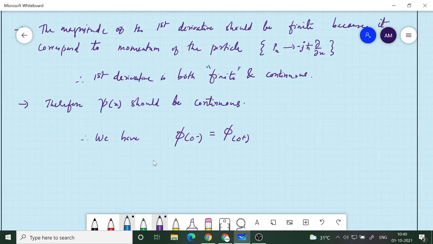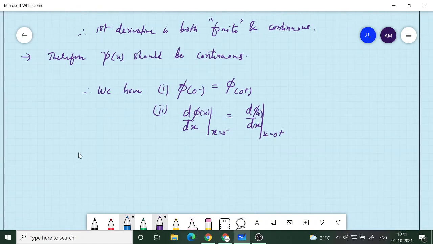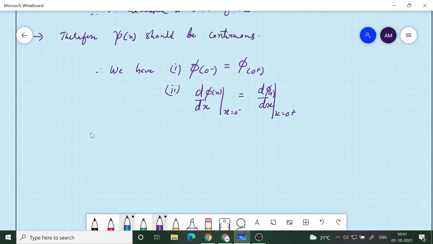And number two: d by dx of psi of x at x equal to 0 minus should be equal to d by dx of psi of x at x equal to 0 plus. So we have two equations, three unknowns, and that's enough to get rid of two variables. That's what we are going to do.